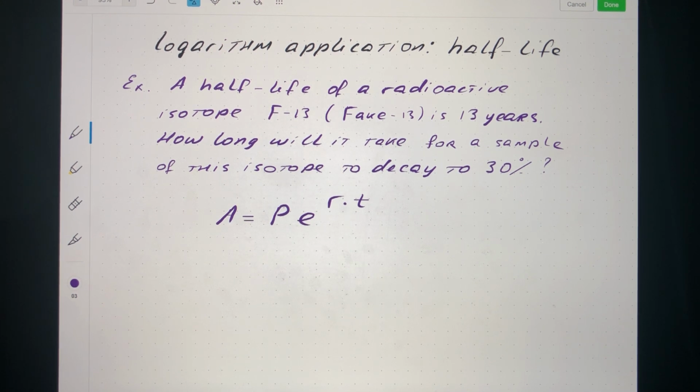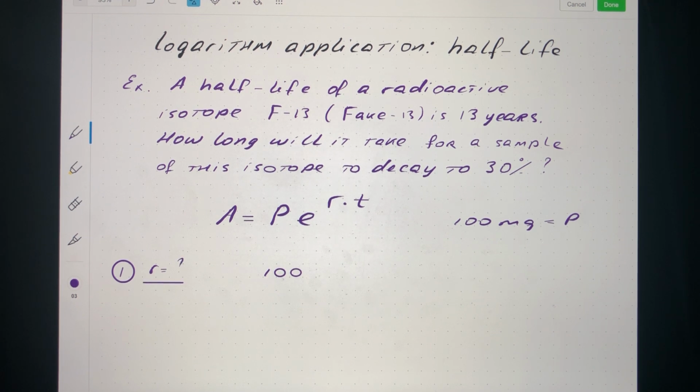Or another good number to use is 100 grams or 100 milligrams, because half of 100 is 50, 30% of 100 is 30. So let's use 100. Let's suppose we started off with 100 milligrams, and that would be our principal. Well, if we did that, then step one is we find the rate.